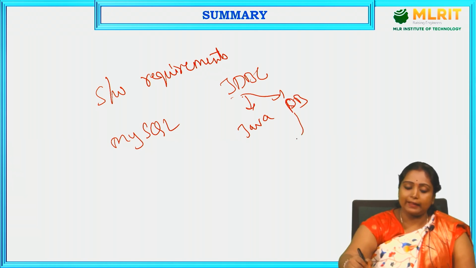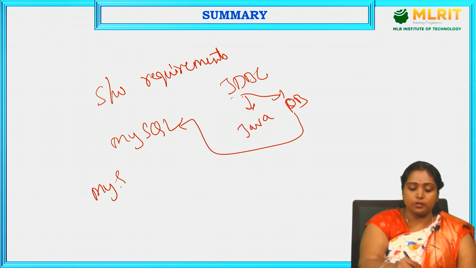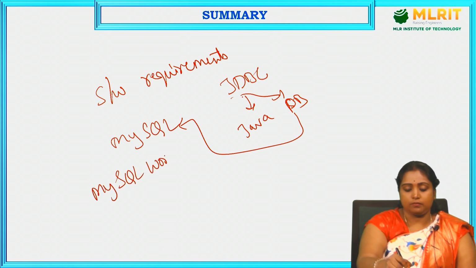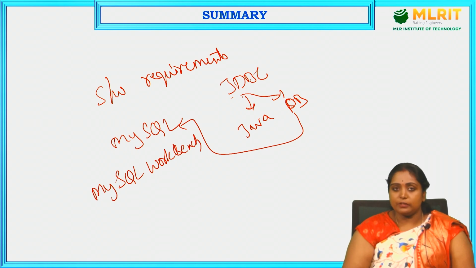Here my backend software is MySQL. In order to execute the statements quickly, I am using MySQL Workbench. For easy connecting, to avoid the terminal, I just want to use the GUI. So I am using MySQL Workbench here.